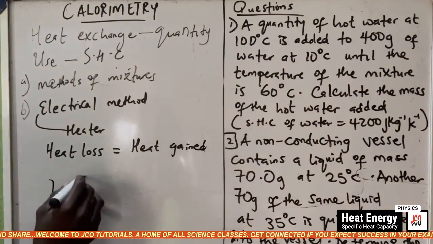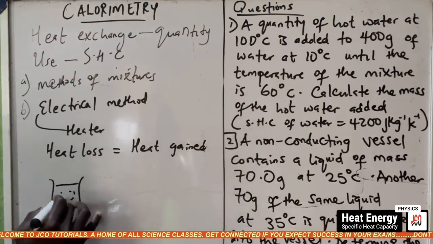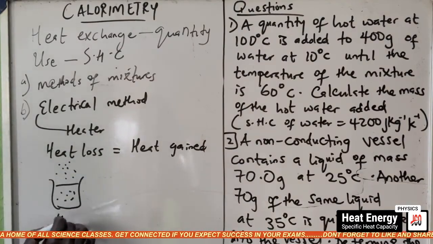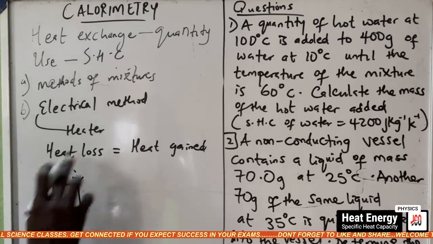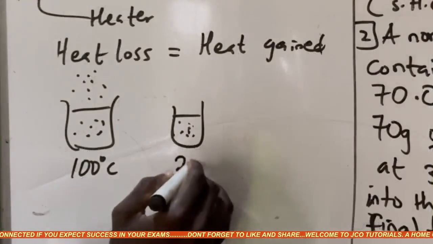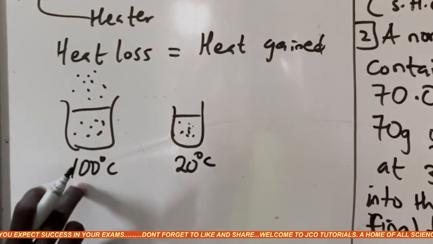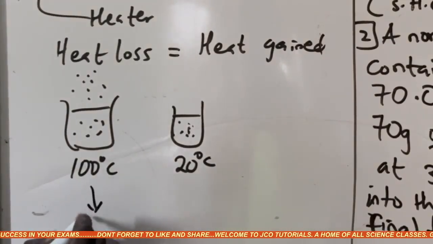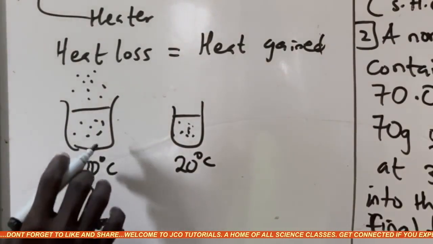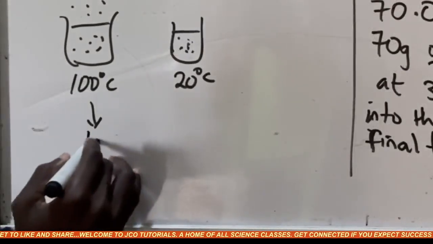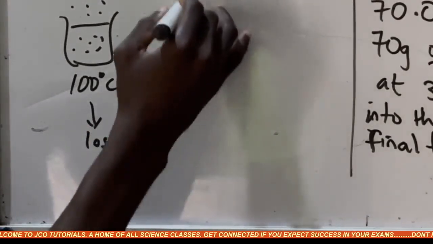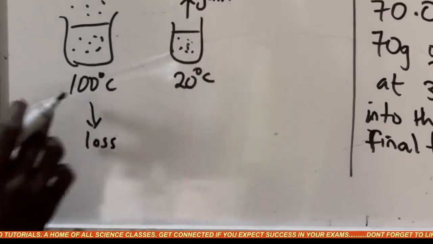So if I have a substance of boiling water, maybe at 100 degrees Celsius, and I'm going to pour it into another substance that is cold at 20 degrees Celsius, this one is going to lose heat because it is at a higher temperature and they are mixing it at a lesser temperature. Whereas this one is going to do what? Gain. This will lose, this will gain.